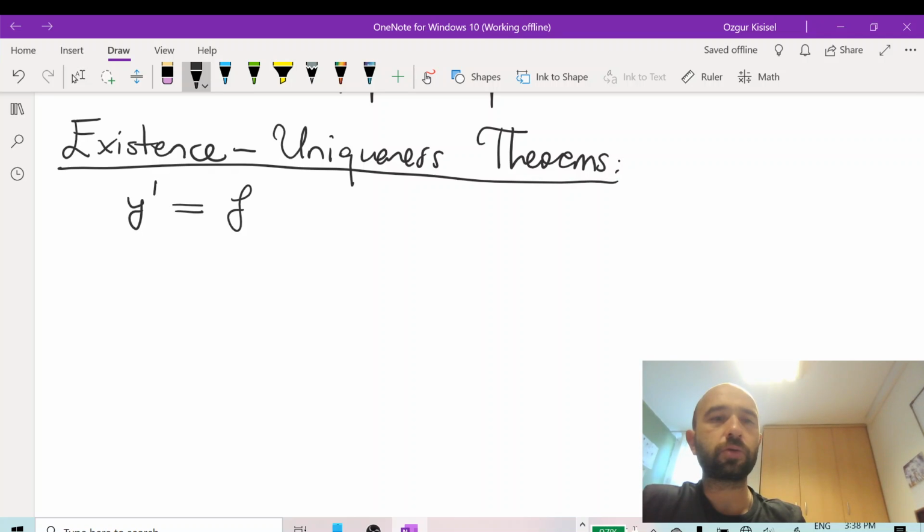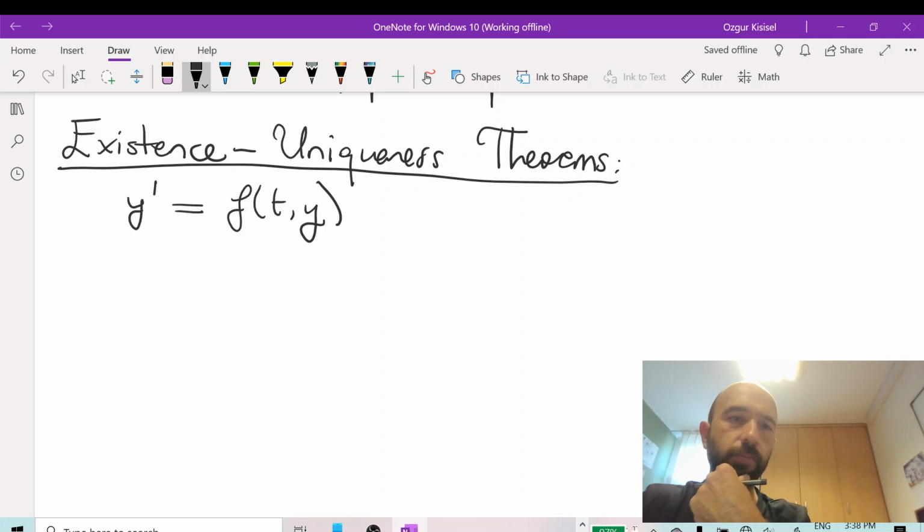So the question is, have y prime equals f of t, y, some first order equation. This has usually many solutions because, I mean, with our experience, we know that whenever we try to solve this, some free constant will pop up somewhere.